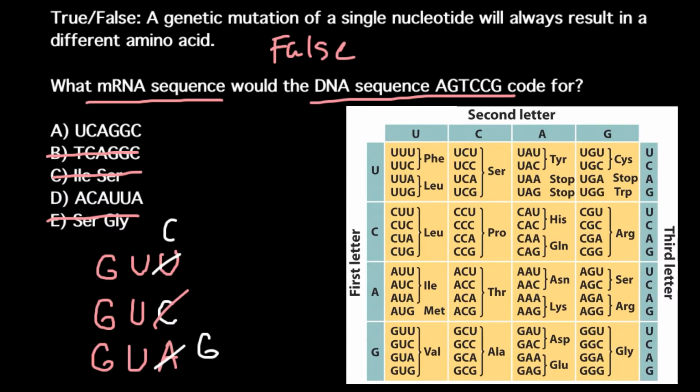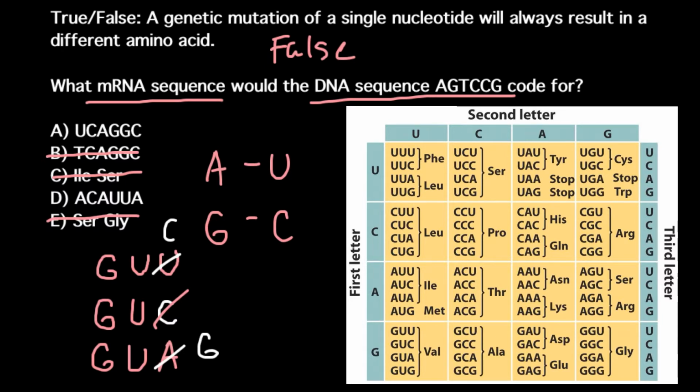Actually, we have to build another strand, the messenger RNA, that is complementary to this DNA sequence. We just have to follow the rule that adenine always pairs with uracil in messenger RNA, and guanine pairs with cytosine.